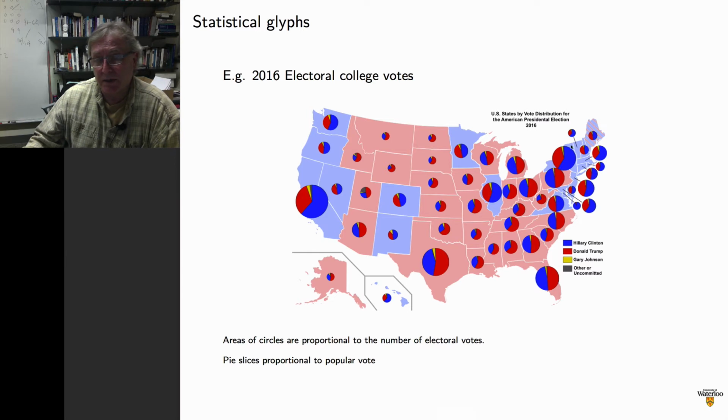The other thing is that the size of the circle is proportional to the number of electoral college votes. So you can see how important these big states are in determining the outcome of the election, even though they're mixed, they still go all one way or the other.